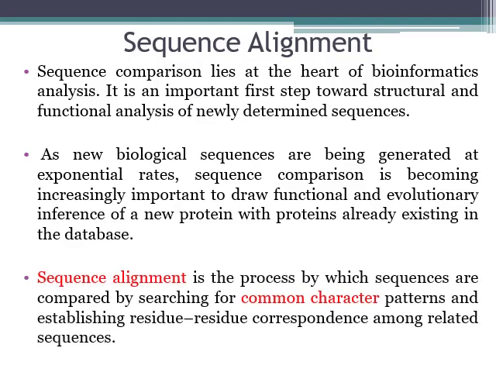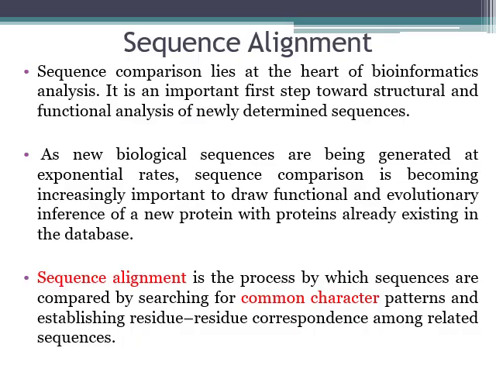Now, sequence alignment is a process by which sequences are compared by searching for common character patterns and establishing residue to residue correspondence among related sequences. So in this method, we compare two or more sequences, and the main objective of sequence alignment is to find a common character pattern present among those sequences.